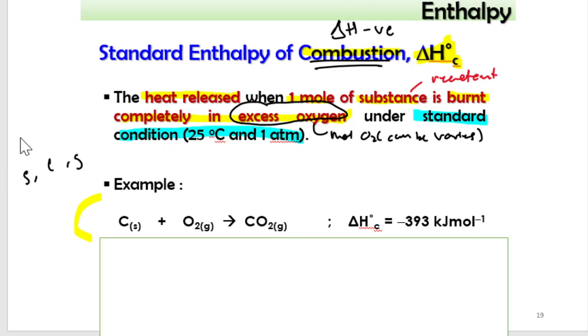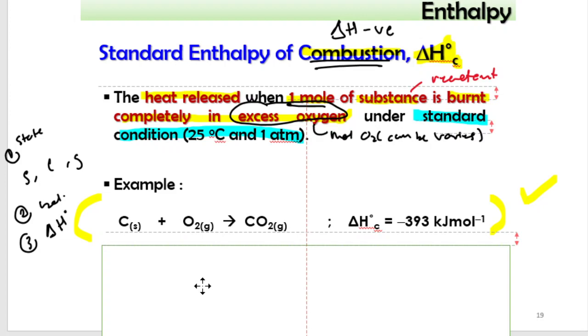Balance the equation, and then make sure siapa yang 1 mole tu keep them as 1 mole. Okay, based on the definition, and write dia punya value for delta H. Okay, macam ni lah, lengkap dari kiri ke kanan sini, lengkap, barulah dapat 1 mark.